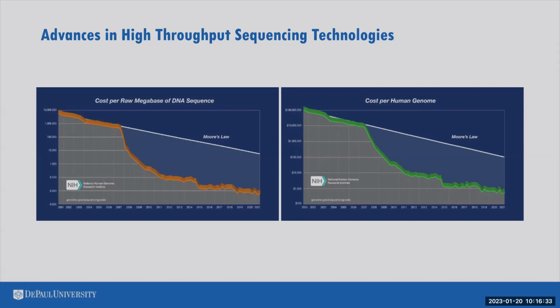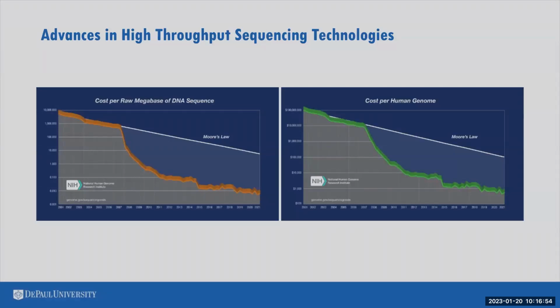But this drop does not follow Moore's law, and it's very dramatic. So that's why they have that line there, to show how drastic it's become in terms of the price being much cheaper. And this is just generating a human genome sequence, right?